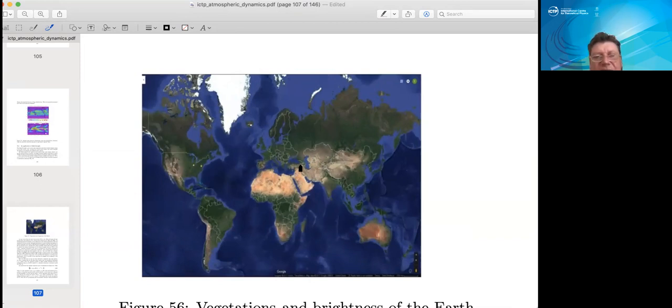And of course, what stands out are the desert regions, and in particular the Sahara desert as a very bright region. The reason is, of course, that there's very little vegetation there, and sand has a higher albedo than the forest that we have in these tropical regions.